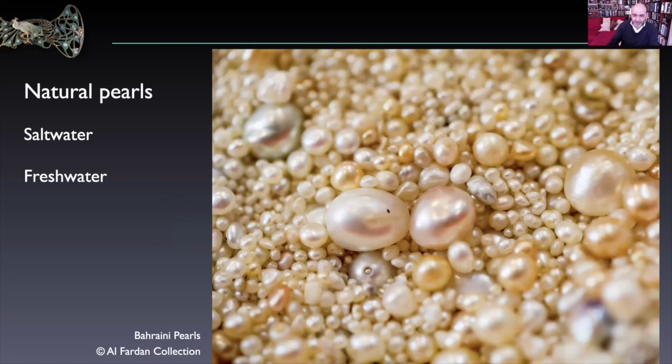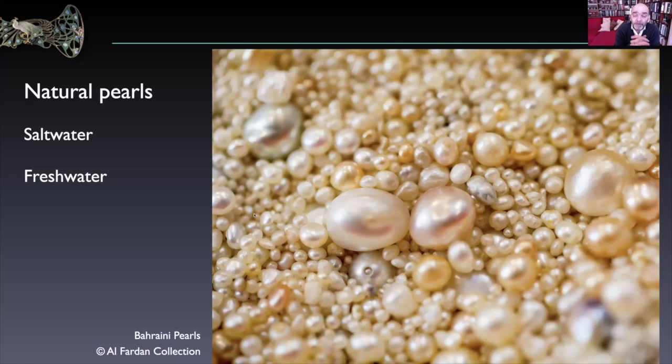And he might have used, and we know that jewelry artists in that period used both natural pearls from seawater, from marine pearl oysters, but they also used freshwater natural pearls from freshwater pearl mussels. So they used both.